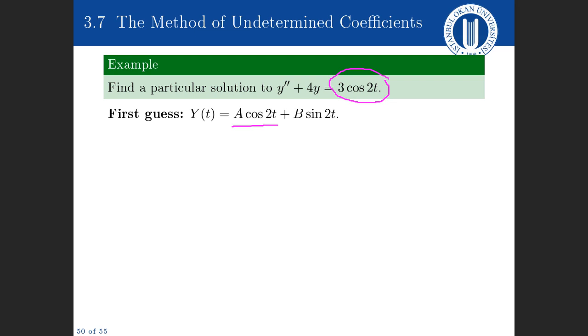And anytime we have cos, we must also have sine. So also plus a number multiplied by a sine function. You'll see that I've written first guess here. Again, that's a clue that something's going to go wrong and we're going to need to try again.